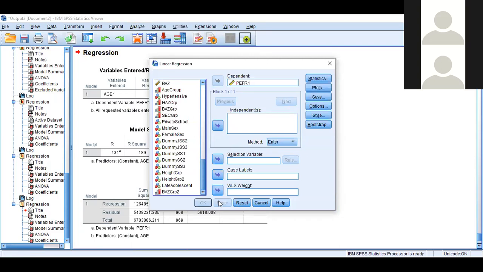Even the way it is now, if I code female 1 and male 0, it will give me the same result but in the inverse direction. The regression coefficient will be negative.